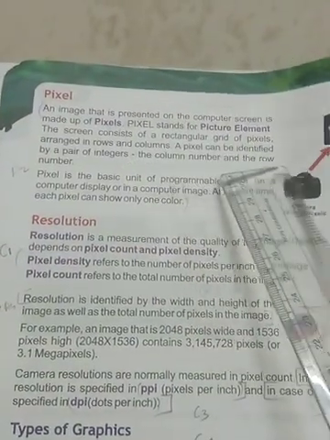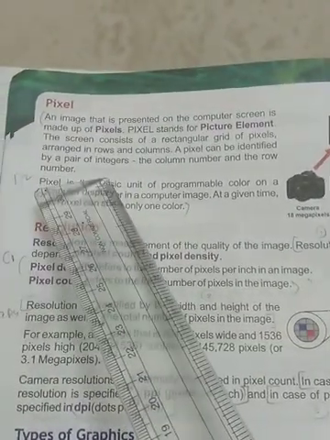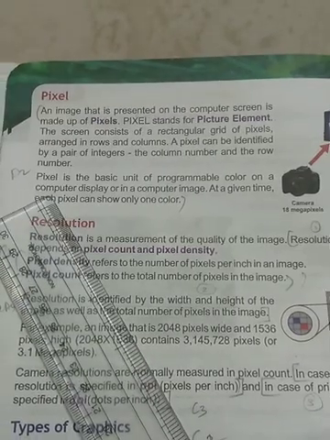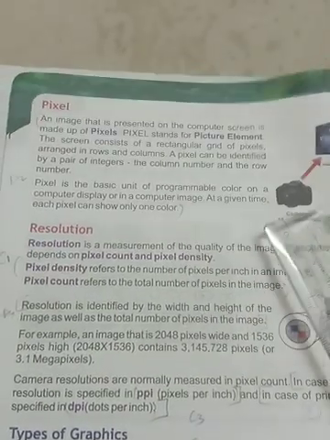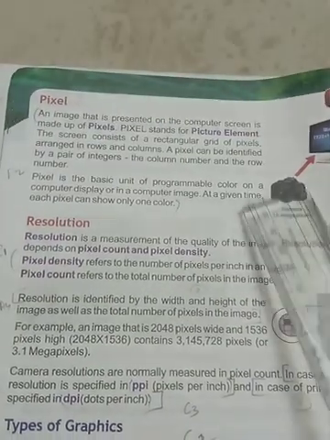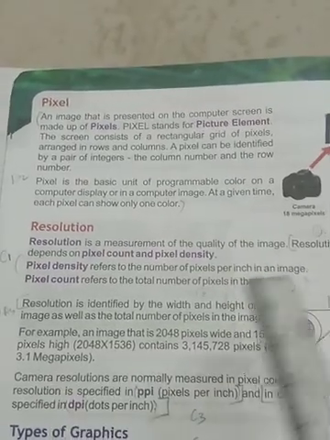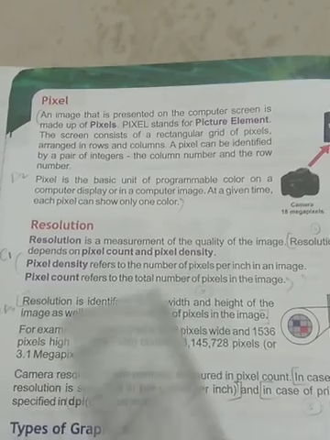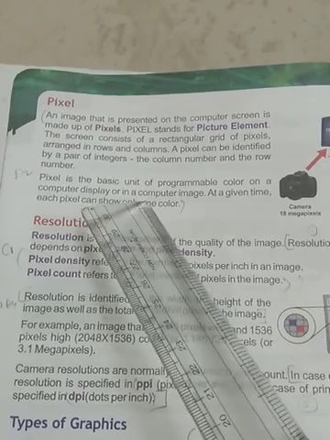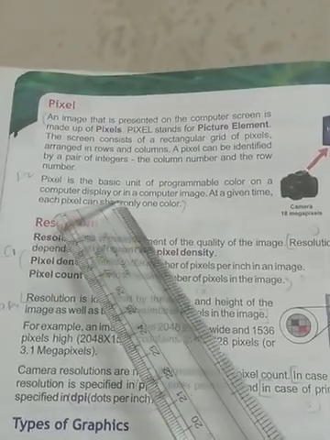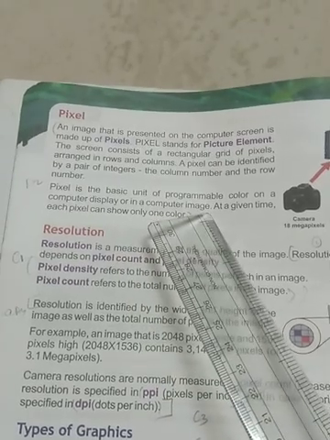A pixel can be identified by a pair of integers, the column number and the row number.